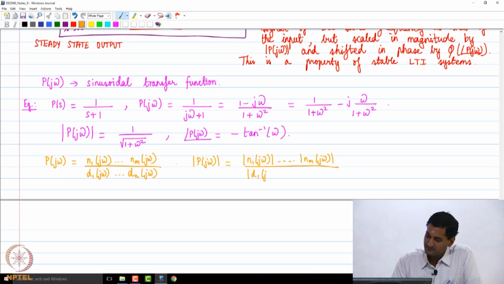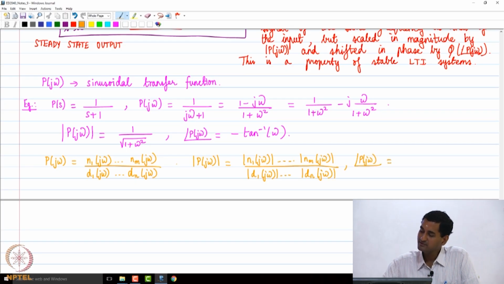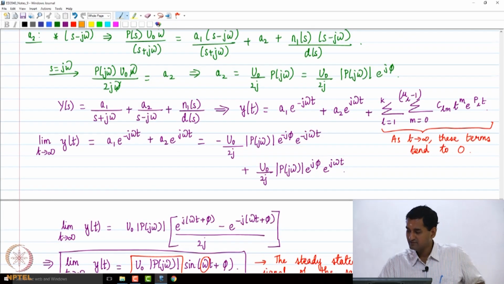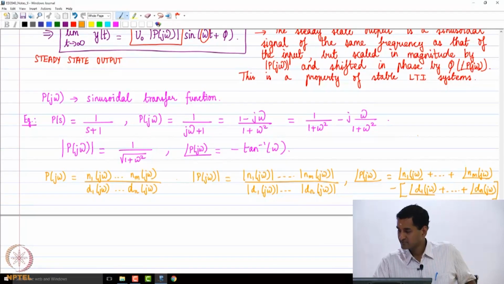And what about the phase? The phase of P of j omega is just going to be the algebraic sum. So, that is going to be the phase of n1 j omega plus all the way till the phase of nm j omega, minus the phase of d1 j omega all the way till the phase of dn j omega. Okay, so that is what we get, right.